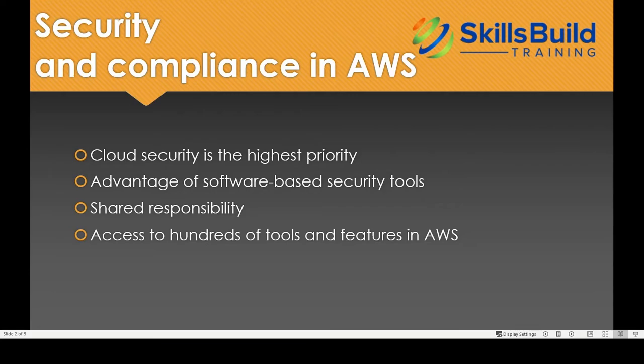AWS provides security-specific tools and features across network security, configuration management, access tools, and data encryption. Also, AWS environments are continuously audited with certification from accreditation bodies across geographies and verticals.